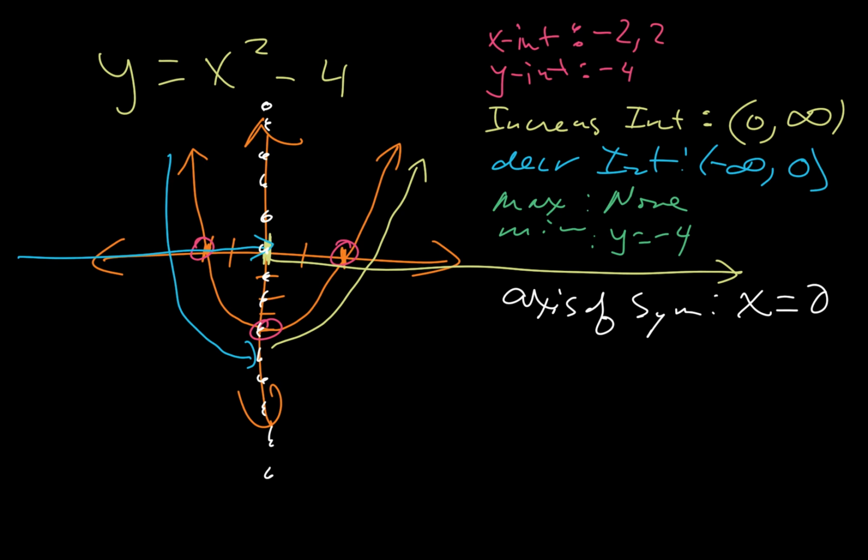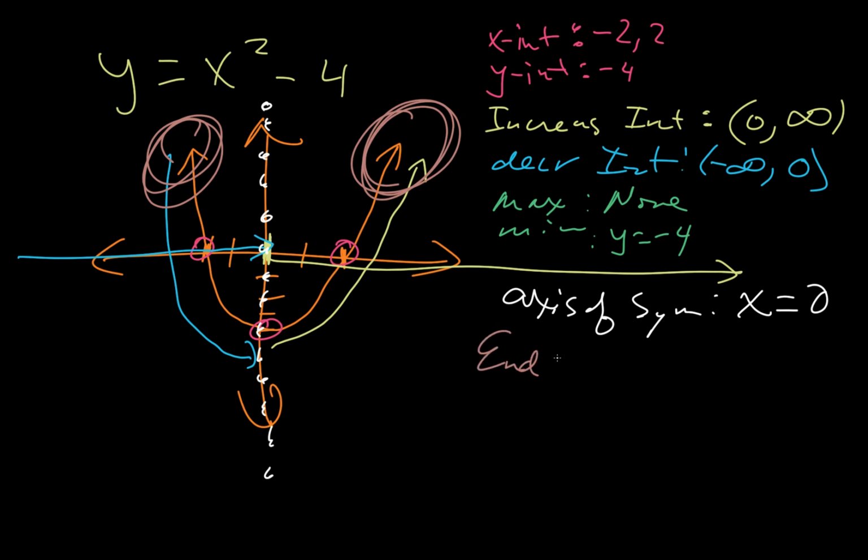End behavior. So right here and right here is really where we're looking, as we go to the right. So we ask the question, as x approaches infinity, or as we go to the right, what does y do?